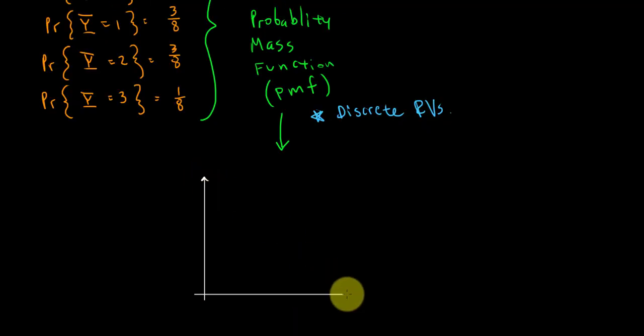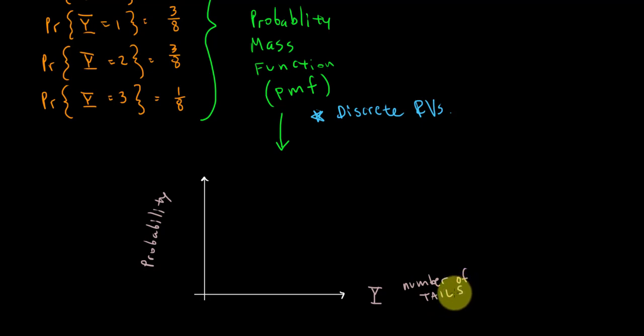I've copied a set of axes here and basically going to transcribe these probabilities onto the vertical axis. So I'll label that probability. And our horizontal axis, I can just use the letter capital Y since I have defined it. But if you want to be more specific, you could also just not be as lazy as me and write number of tails.